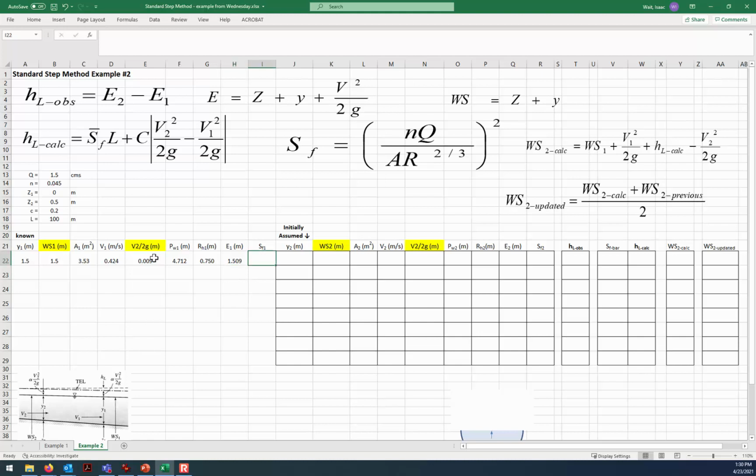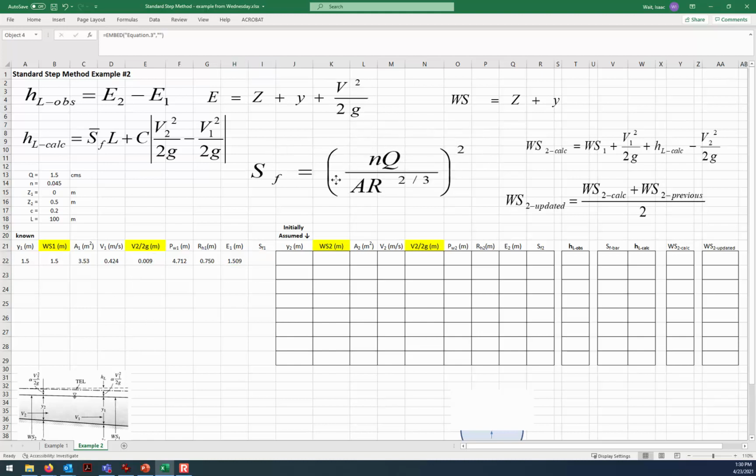And now we're going to use the rearranged Manning's equation to tell us what's the slope of the energy grade line just at this section 1. So it's at a point. N times Q divided by the area times the hydraulic radius to the power of 2/3, which is 0.66667. And then all of that is to the power of 2.